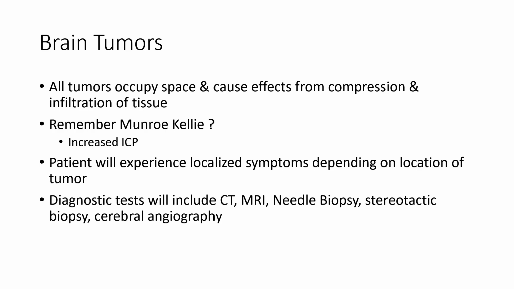I've already said this, but remember, all tumors are going to occupy space and cause effects from compression and infiltration. They're going to have an increased ICP probably, and they're going to have localized symptoms depending on the location of the tumor.